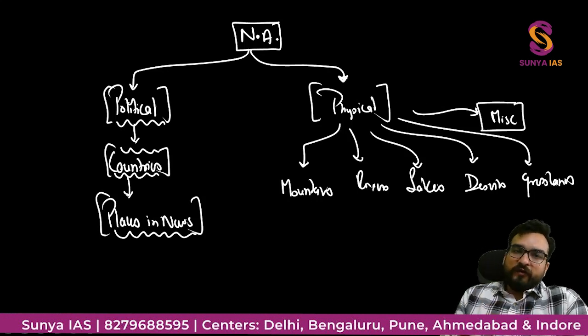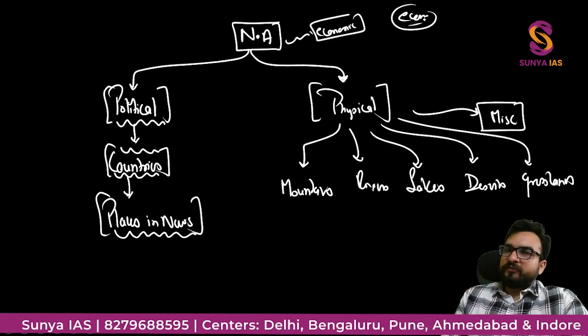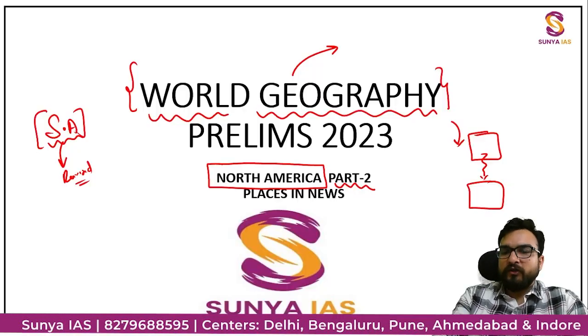Like this we are going to cover, guys. One more aspect which comes, that is economic aspect. You will study the economic geography of it later. Right now I'm focusing upon these two aspects which will be wholeheartedly learned by you, right?